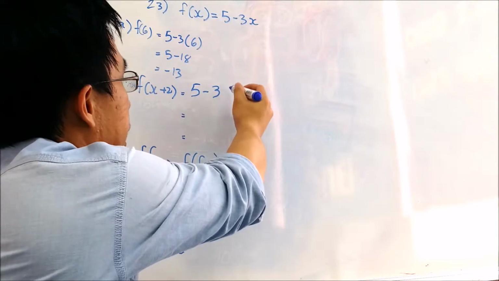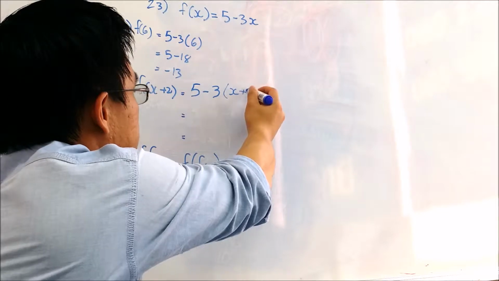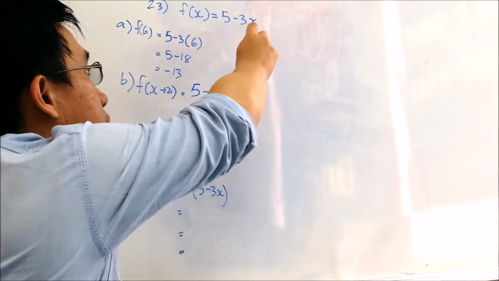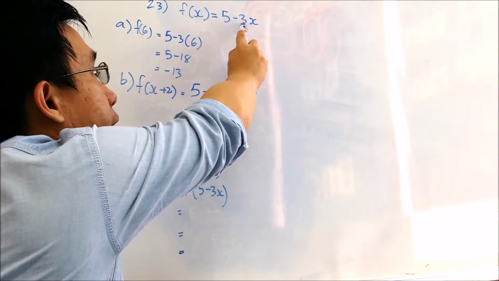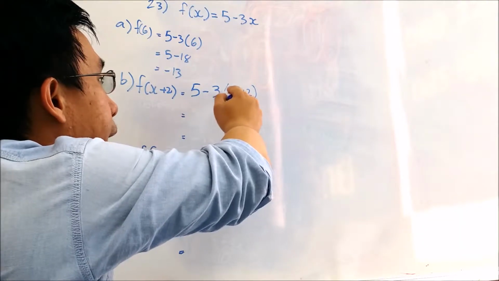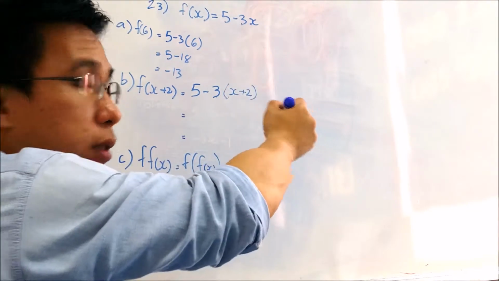Instead of writing x here, you just write x plus 2 in this place. See that I still write the brackets because the x here is multiplying with negative 3. By writing the brackets, it implies that I'm multiplying negative 3 with the bracket x plus 2.